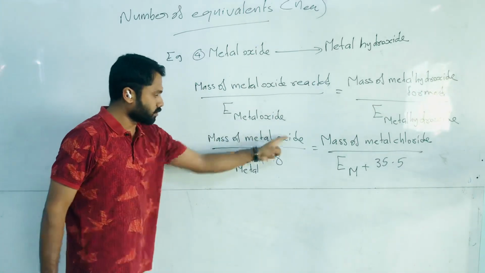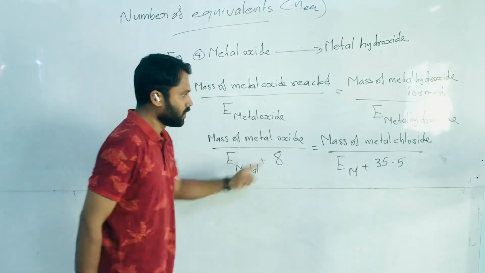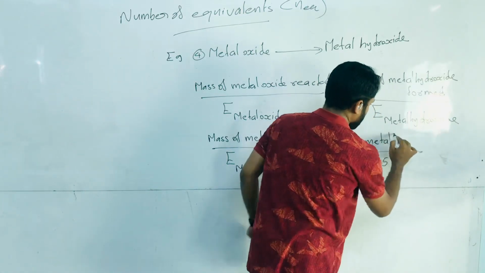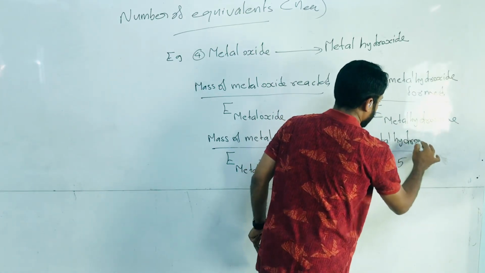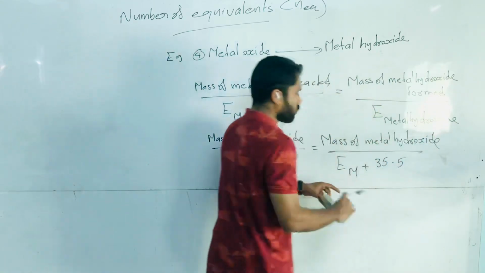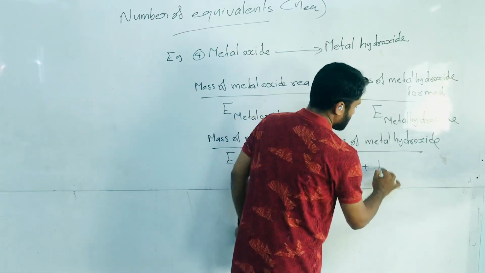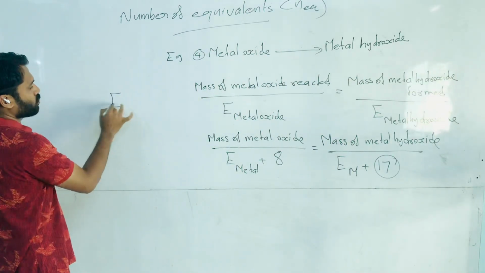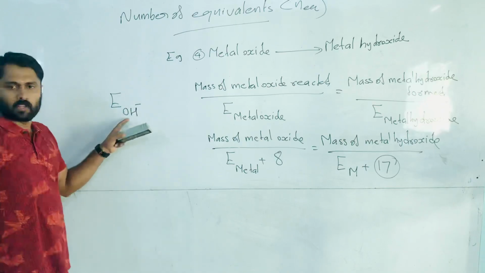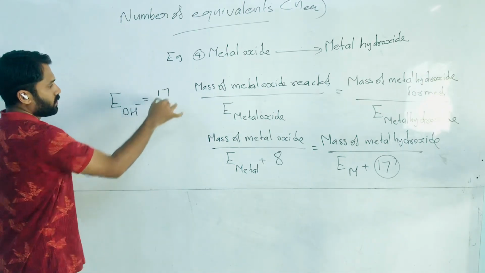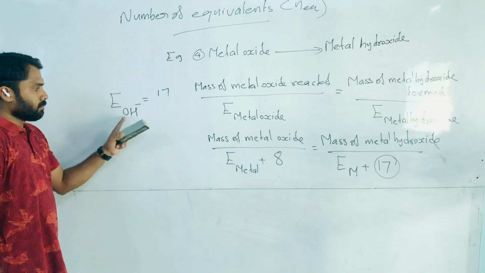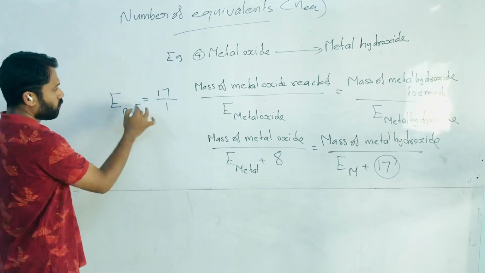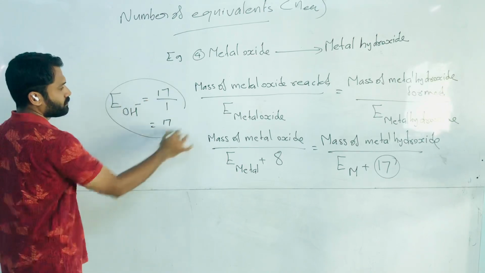Here, mass of metal oxide by this one, no doubt, no change. Mass of metal hydroxide by equivalent mass of metal plus 17. How does the 17 come? It is the equivalent mass of OH minus. OH minus is hydroxide. Mass of oxygen 16 plus hydrogen 1, that is 17, by valency 1, that is 17.